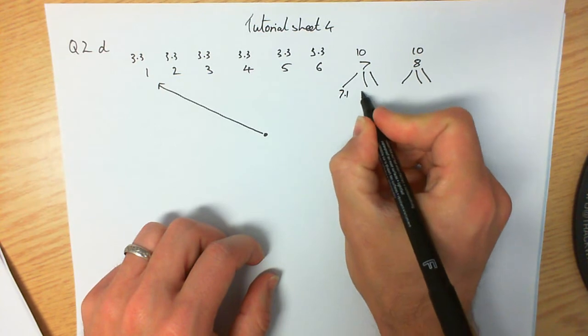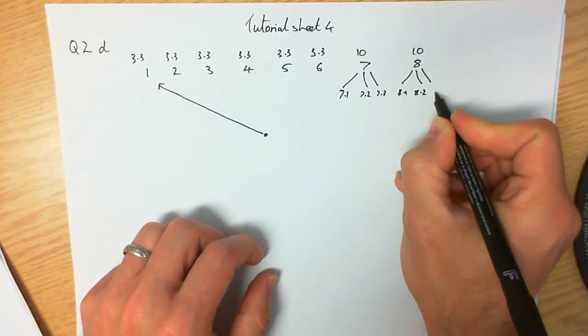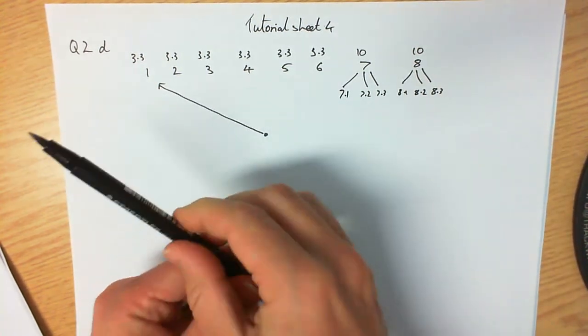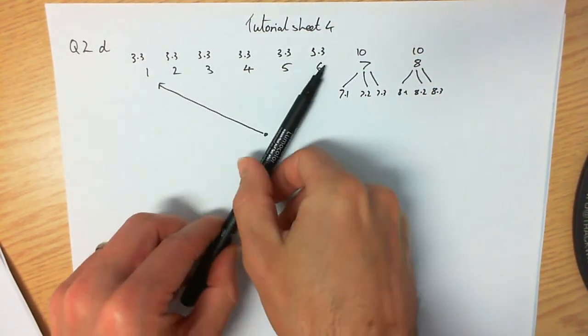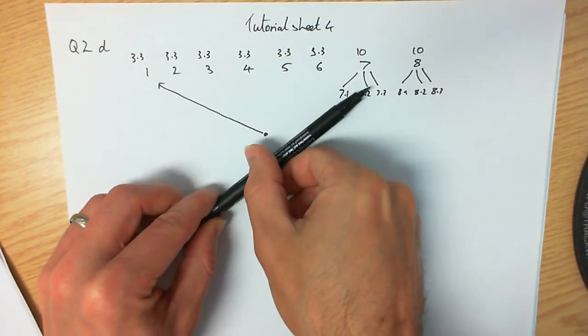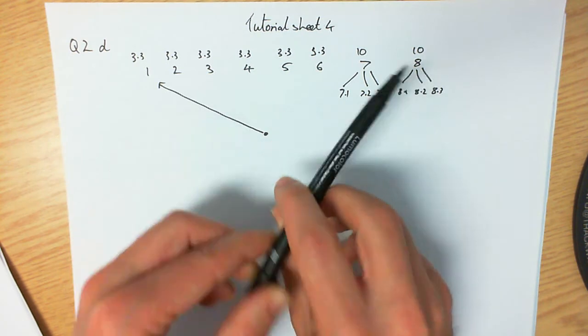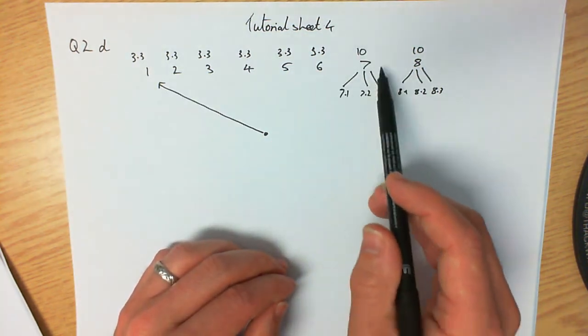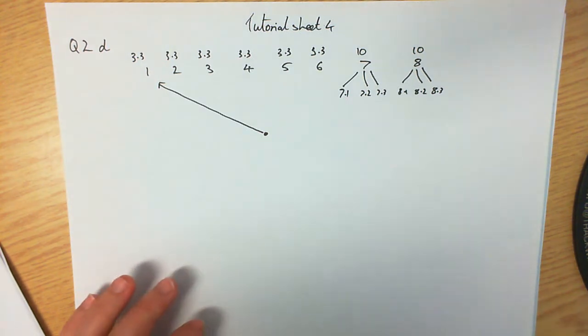So this is 7.1, 7.2, 7.3, 8.1, 8.2 and 8.3. So the switch is going to move through these and then sample there, then there, and there. So in other words, we're sampling that signal 3 times as often as we need to.